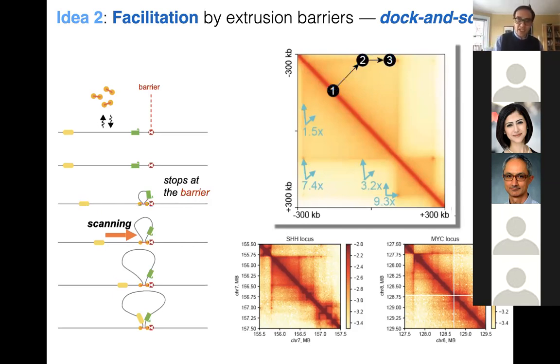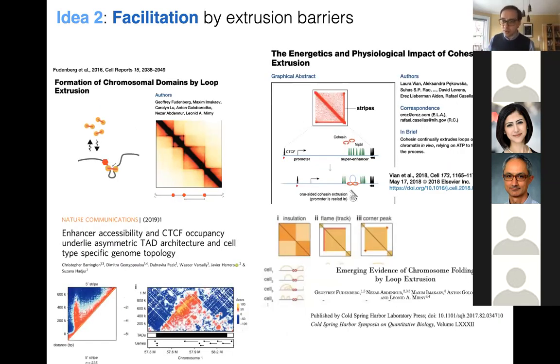Now, this idea is not entirely new. The idea of stripes or lines, we first noticed in our first simulations in 2016, and wrote a review about this at about the same time.